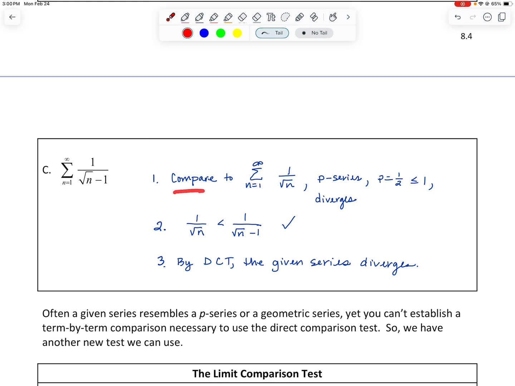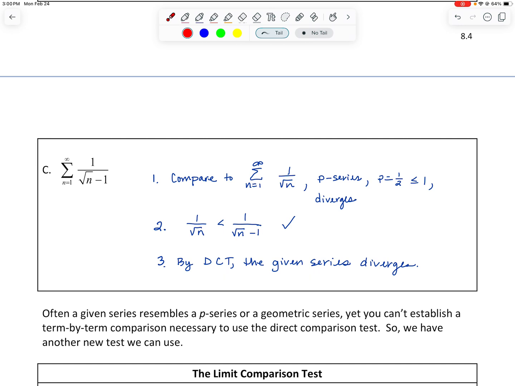When you do the comparison test, besides naming the series, you've got to show the conditions that were met, just like you did on the last test. And we know that this diverges, because p is less than or equal to 1. And this is smaller than the original series 1 over the square root of n minus 1. So by the direct comparison test, the series diverges.